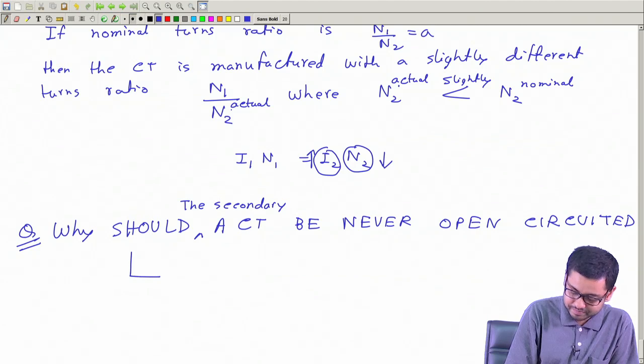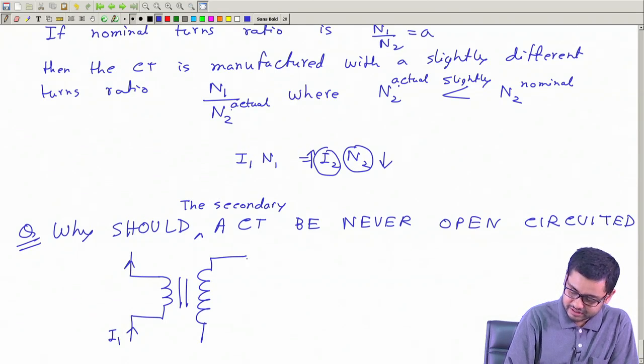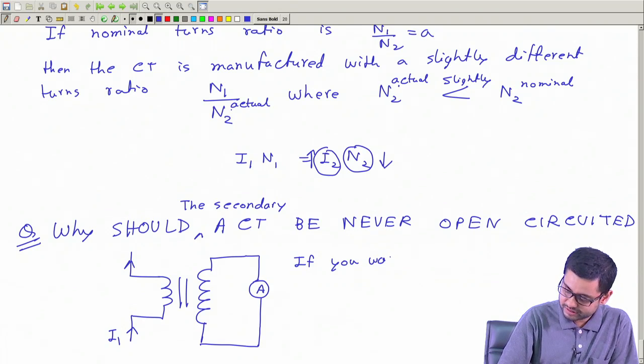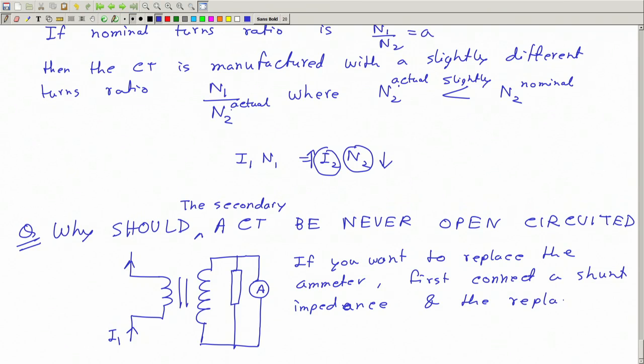So if this is the transmission line carrying current I1, and this is the secondary of a CT which has this ammeter, if you want to replace the ammeter, first connect a shunt impedance, and then replace the ammeter.